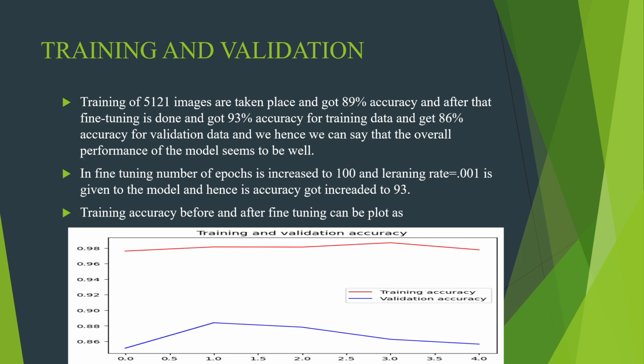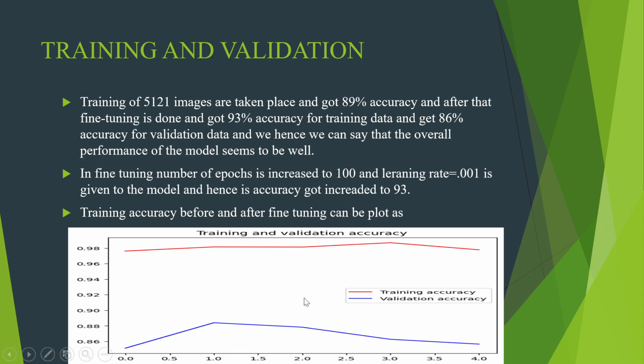Hence I can understand that the overall performance of my model is very good. In fine tuning, the number of epochs was increased to 100. Before fine tuning, my count was 15, and after that I changed it to 100, and the learning rate changed to 0.001, and hence accuracy increased.